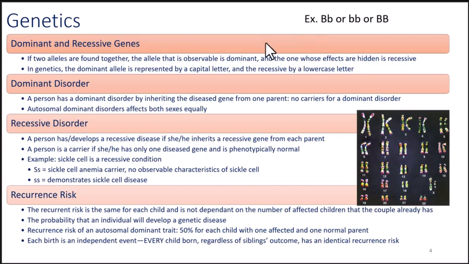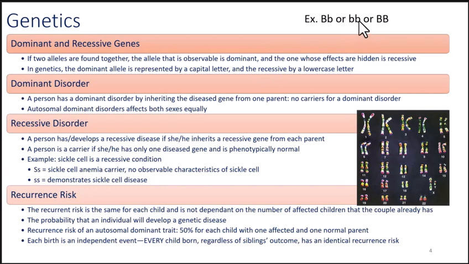So the allele whose effects will be observable physically is considered to be the one that is dominant, or strong. And the opposite is true of recessive, where the effects are hidden behind the dominant gene. In order for a recessive gene to be expressed physically in the person, it needs to be in its homozygous form, where both alleles are the same.